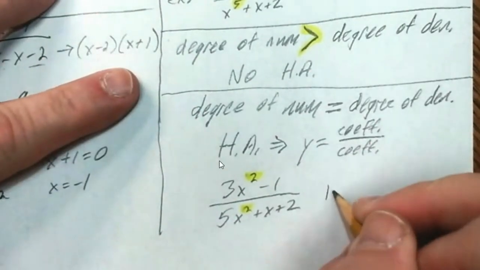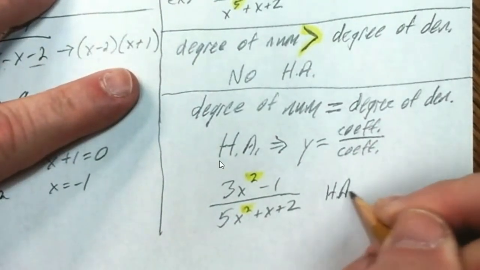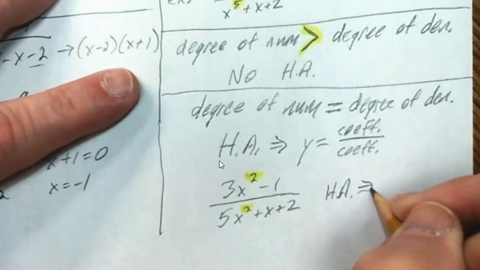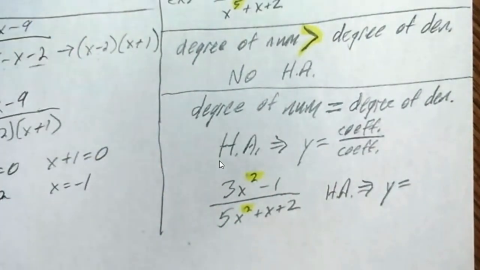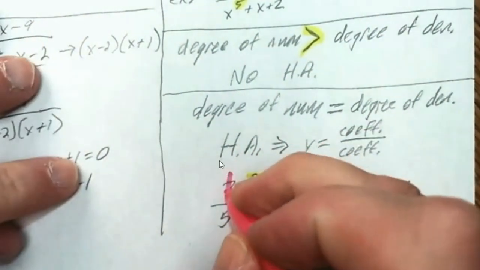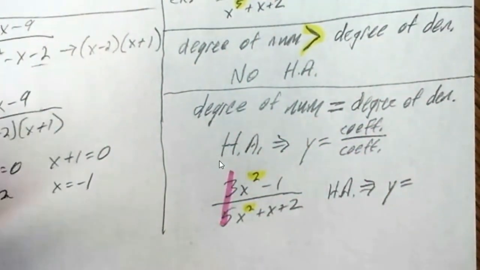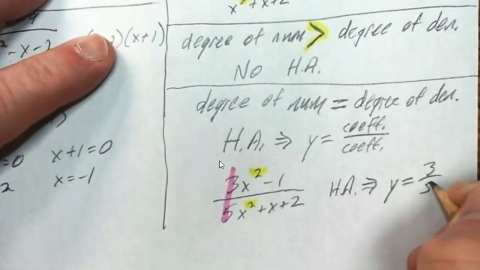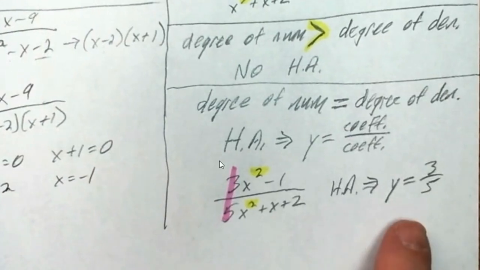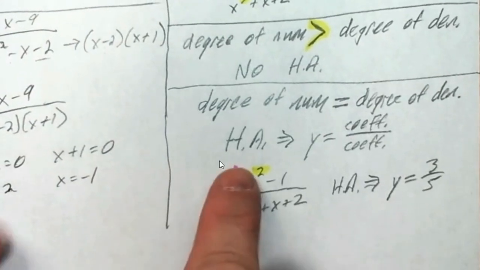So the horizontal asymptote is going to be at y equals the coefficients of those two x squareds. Horizontal asymptote at 3/5, because that's the coefficient, 3 over 5.